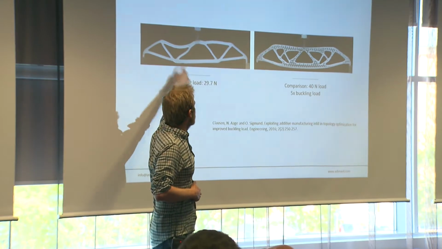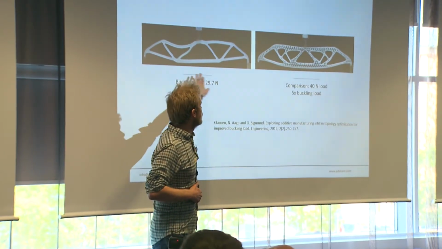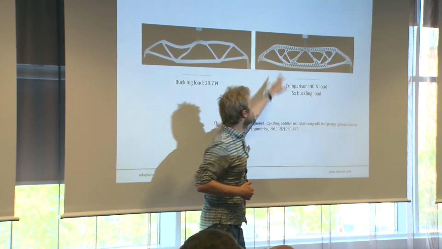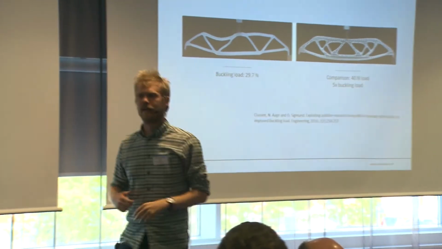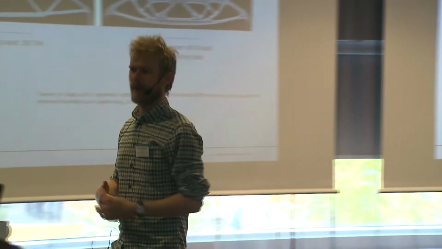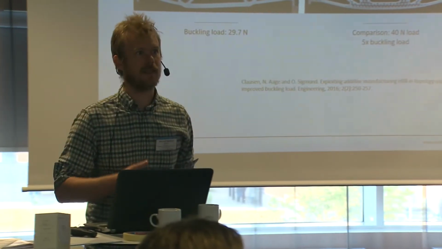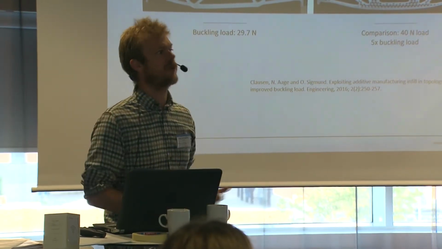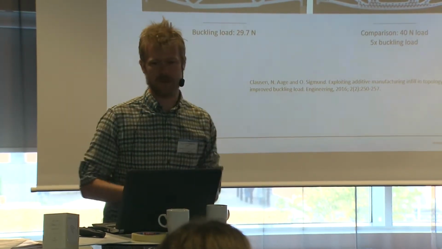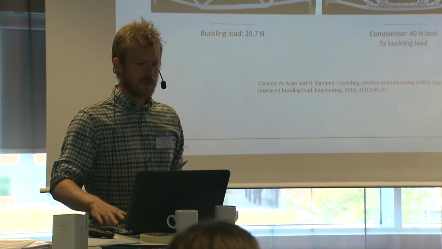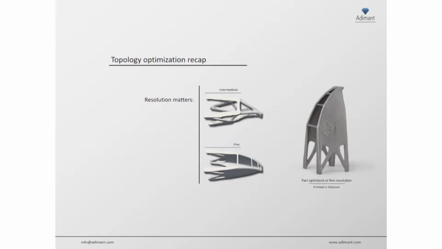And the buckling load of this part is around 30 Newton, and the buckling load over here is 5 times as high. So if you have a design problem where you know buckling is an issue, then lattice structures might again be very valuable.